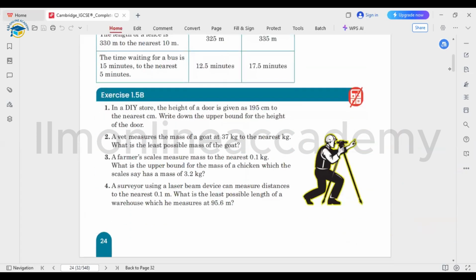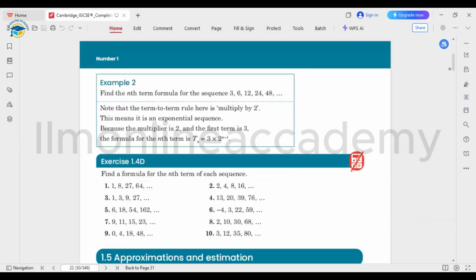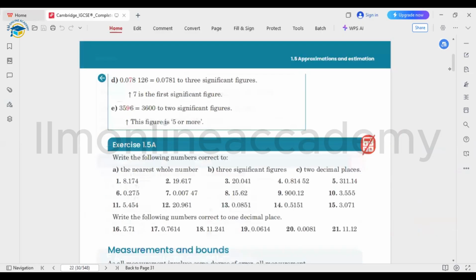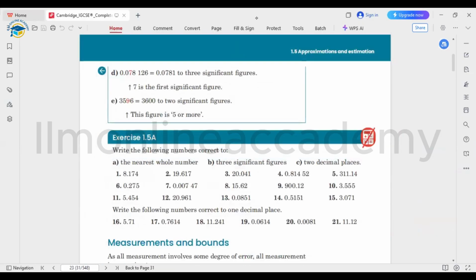For exercise 1.5a, you must have these three concepts: the decimal place concept, the significant figures concept, and the whole number concept. These three concepts must be clear for rounding off any number. Second, for finding the bounds, you must know the units and which number you need to add or subtract according to the given unit.